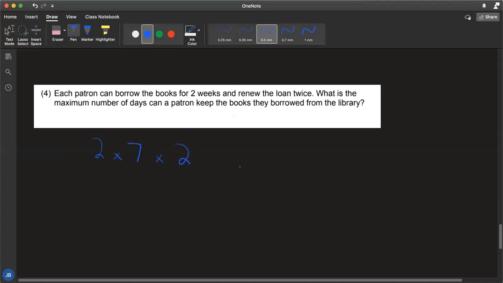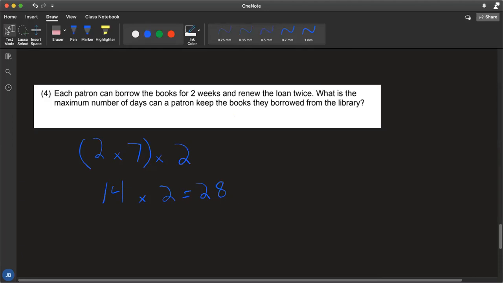And I put the 2 times 7 in brackets. Yeah. Okay. So you had 14, and then times 2, and got 28. 28 days? Is that what you ended up getting?